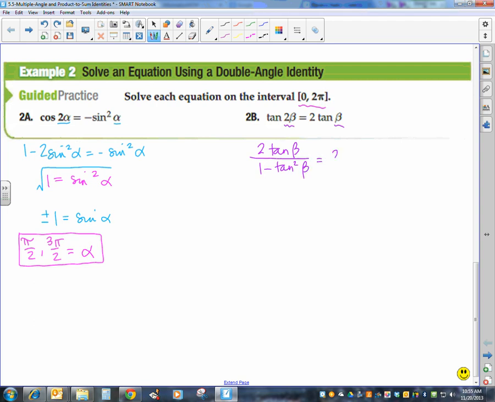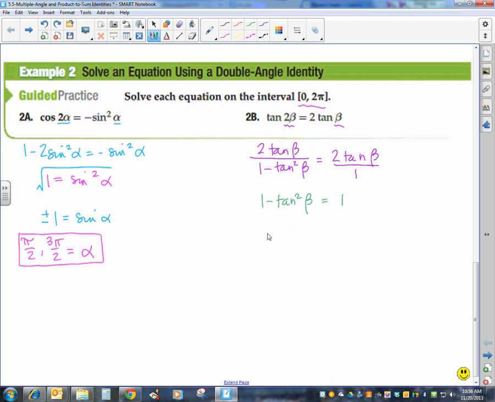And that equals 2 tangent of beta. Now, you might consider putting that over 1 and cross multiplying, but before you do that, if you notice these two are the same, if those are the same, these two have to be the same. So I'm going to go ahead and say that 1 minus the tangent squared of beta is equal to 1.